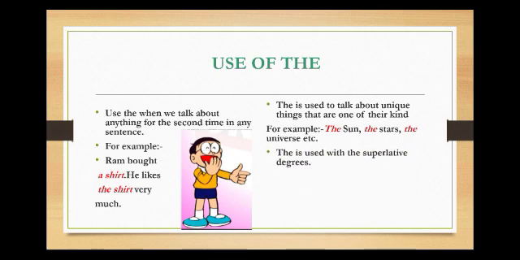The is also used, children, when we are talking about superlative degrees. I hope you remember the 3 degrees of adjectives. Remember, tall, taller, tallest. So tall is the positive one, taller is the comparative degree, and tallest is the superlative degree. So when you are talking about this superlative degree, the 3rd degree, then always use the before this degree.